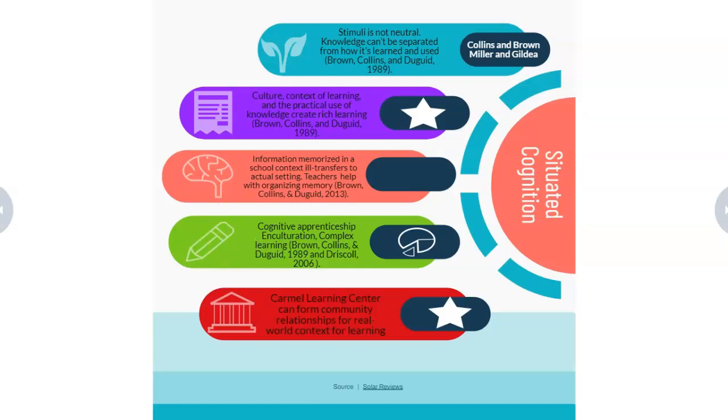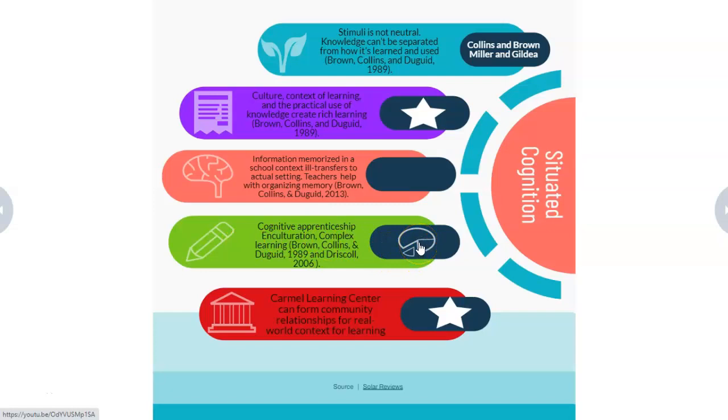When we ask what type of learning this theory explains, situated cognition explains cognitive apprenticeship, enculturation, and complex learning.